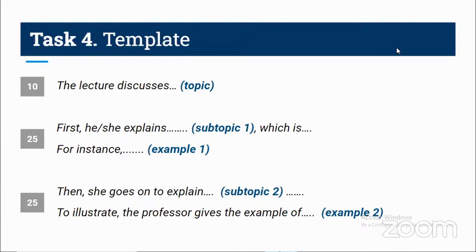I gave reasons, but I didn't have the time to explain examples for the reasons I gave. But I had time for a conclusion. So don't get so nervous at the speaking part. Just do it, and that's it.